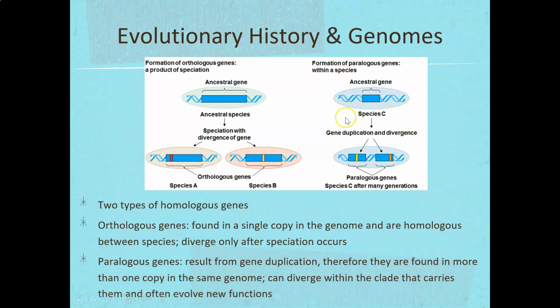Paralogous genes are what we're looking at over here, where it actually forms within the species itself, but it is duplicated and mutated at once. So this is just sort of a linear change in that species over time. This would be a true branching point we would see in the cladogram or phylogenetic tree that we would be building.